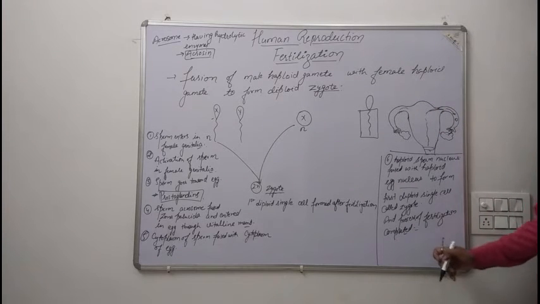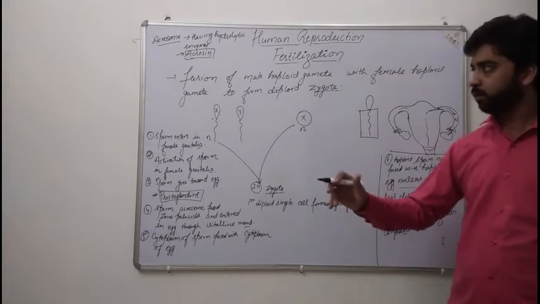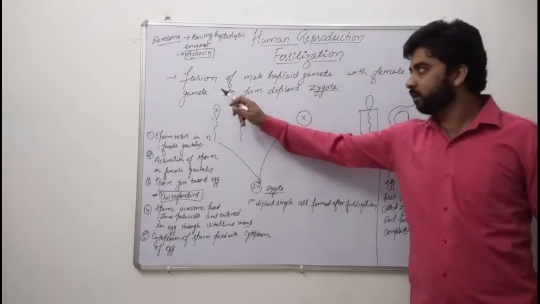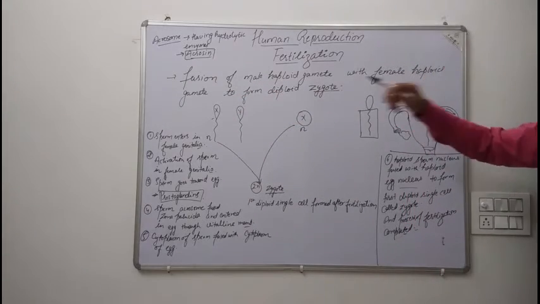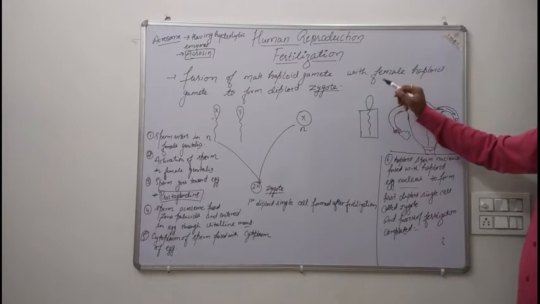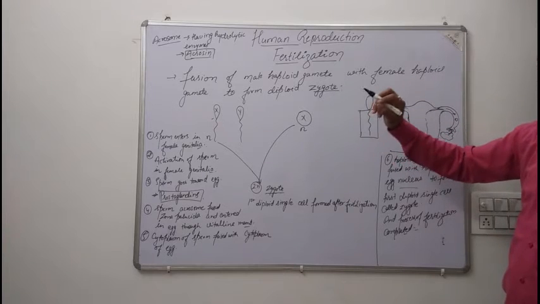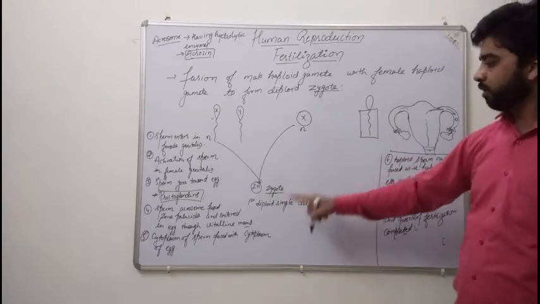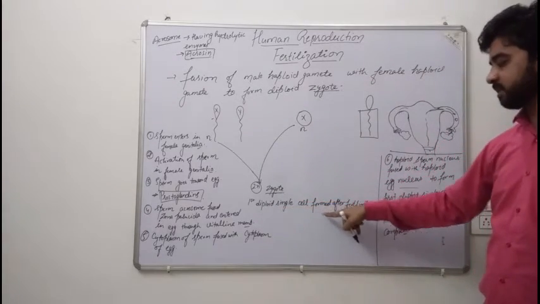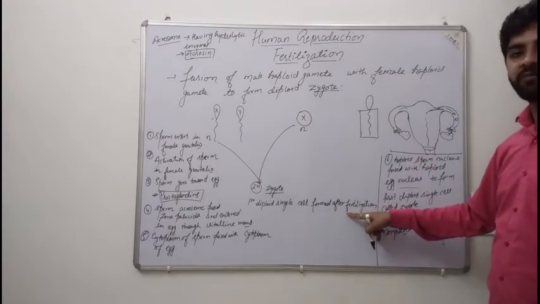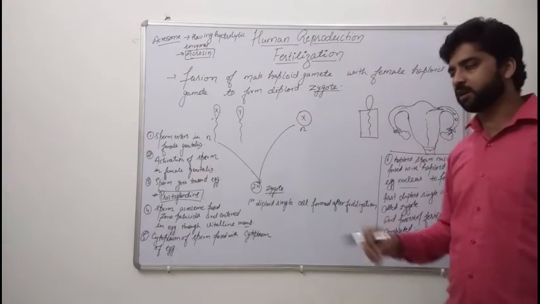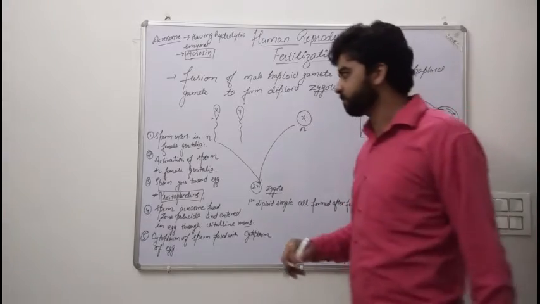Now let's recall what we have to learn here. In the fertilization process, fusion of a male haploid gamete and a female haploid gamete forms a diploid zygote. The zygote is the first diploid single cell formed just after fertilization. In the whole process, we have just counted the steps.